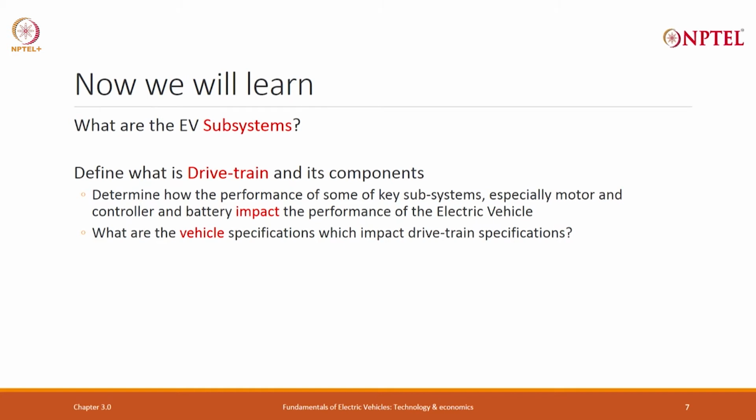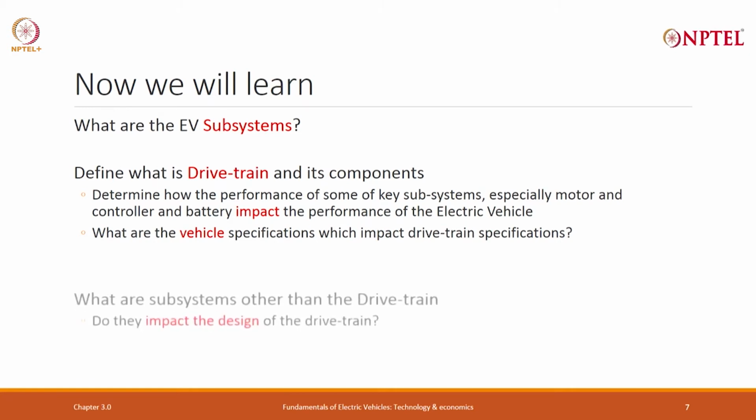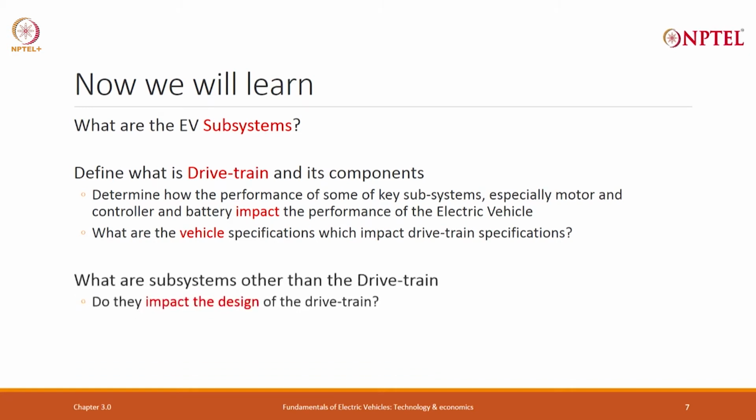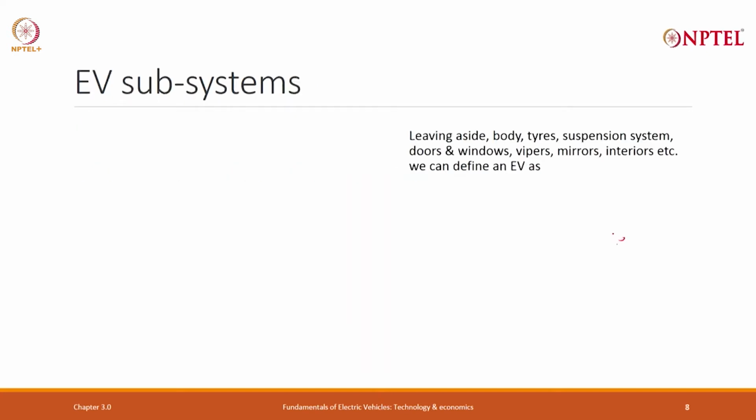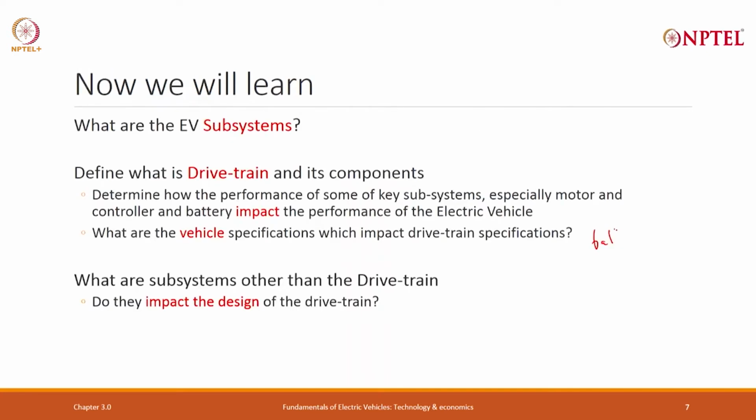What are the vehicle specifications which will impact the drivetrain specifications, and finally, what are the battery specifications. What are the other subsystems other than the drivetrain? The drivetrain is a major subsystem, and do the others impact the design of the drivetrain? I have to take that into account.